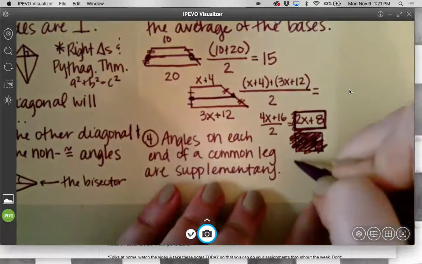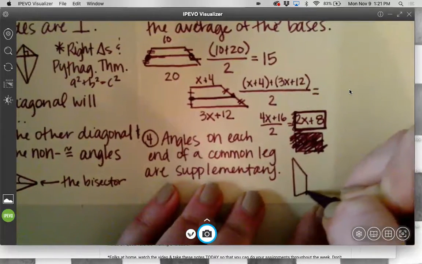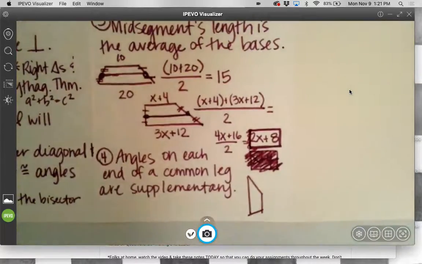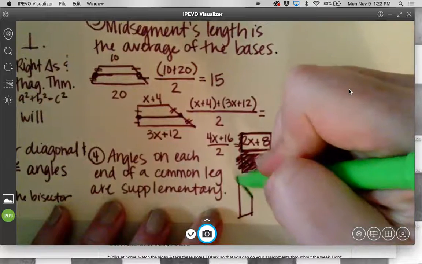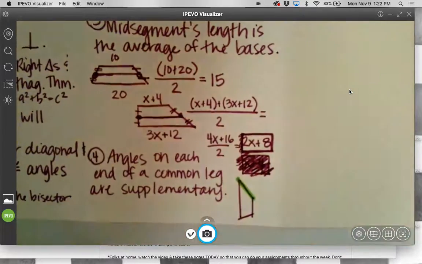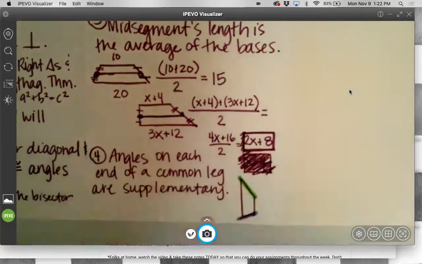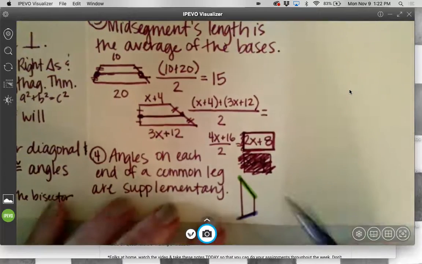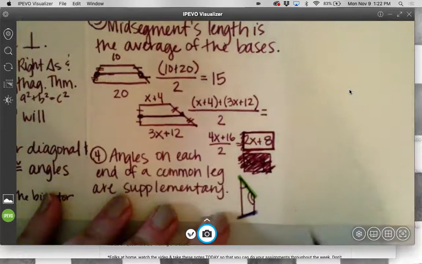I'm going to draw our diagram over here. This is where I've got room. And I'm going to use some color coding. So the legs are here and here. So that means that these two angles equal 180.